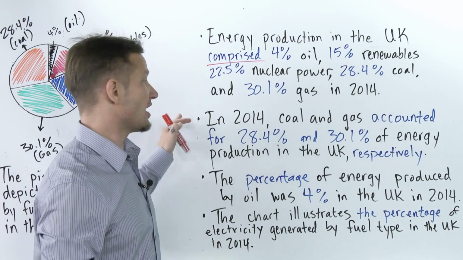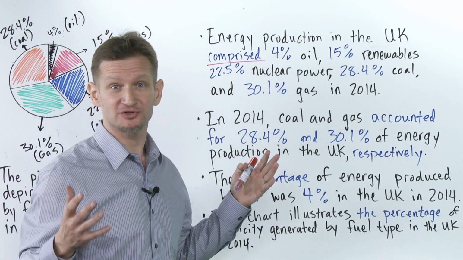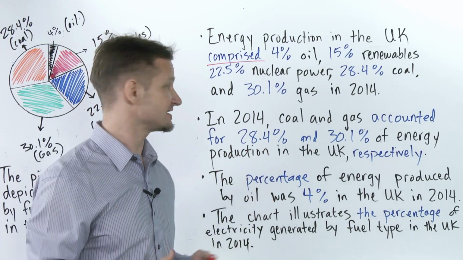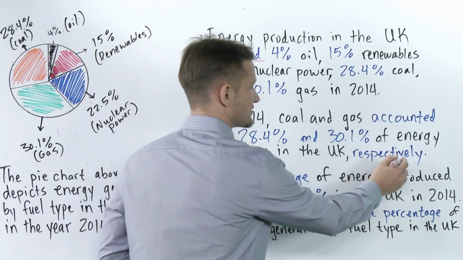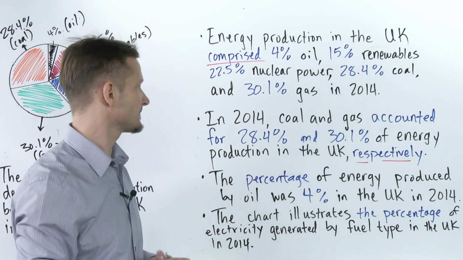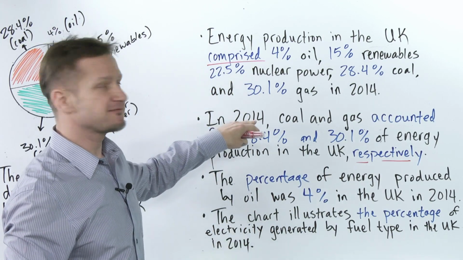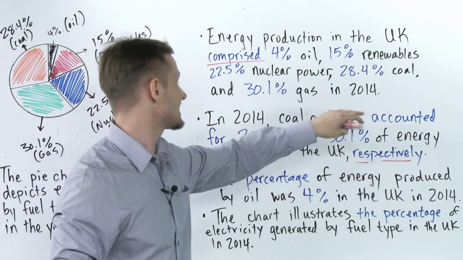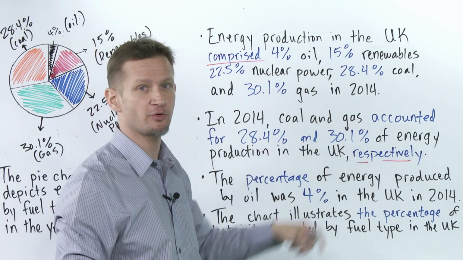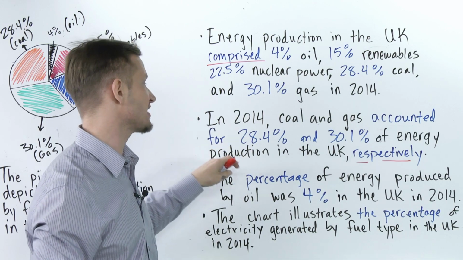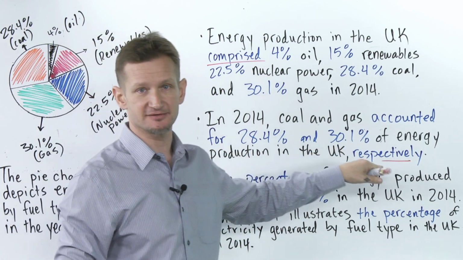Now perhaps you just want to talk about two percentages in one sentence, or maybe three. There's a special word that you can use to do that, and that's respectively. So in 2014, coal and gas accounted for 28.4% and 30.1% of energy production in the UK, respectively.